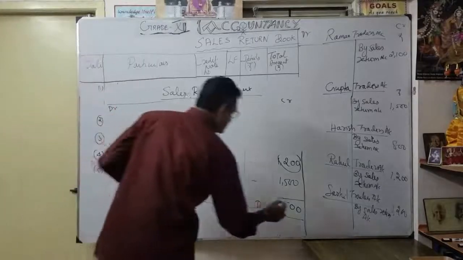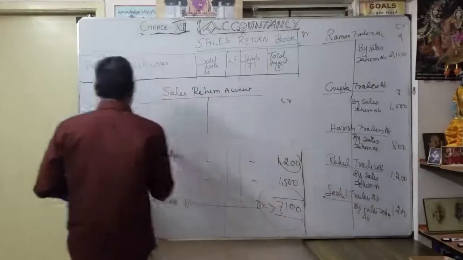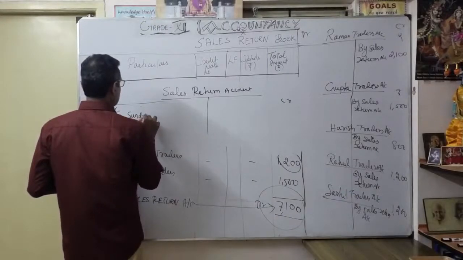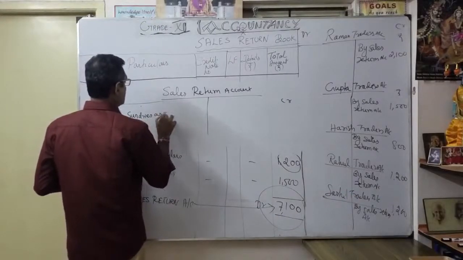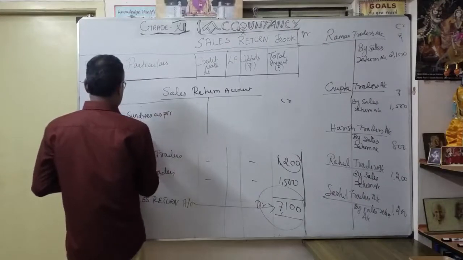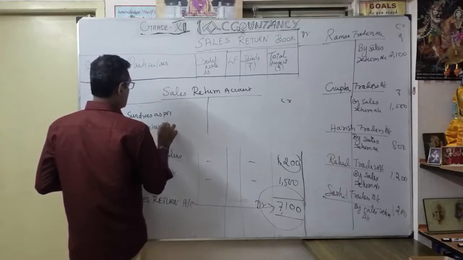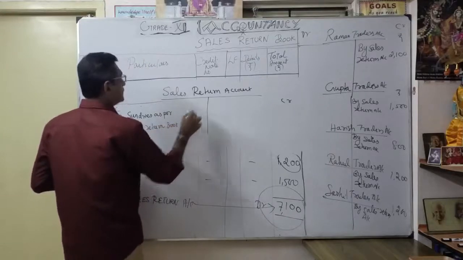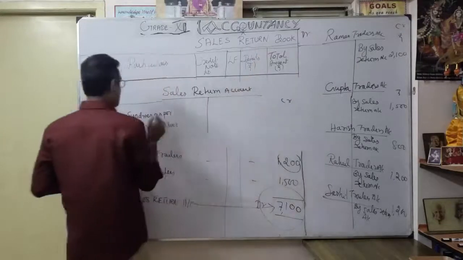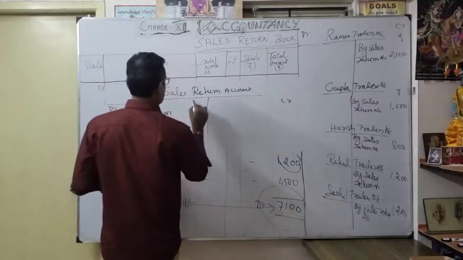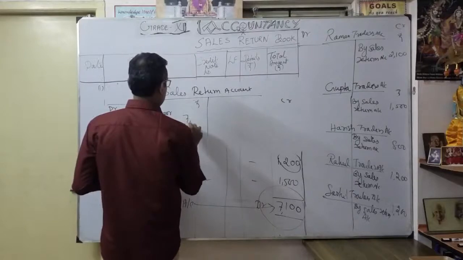So you want to write this amount as: To sundries as per sales return book, 7,100.